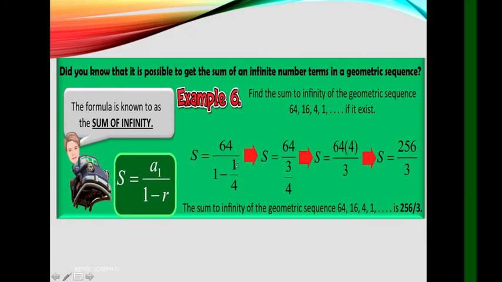Pero for the sake of the discussion, syempre, since this is 1, meron akong ibang way na ginagawa. So, pwedeng i-divide mo siya by 4. Or, pwedeng yung 1, gawin mong kapareho ng denominator niya. So, it will become 4 over 4.